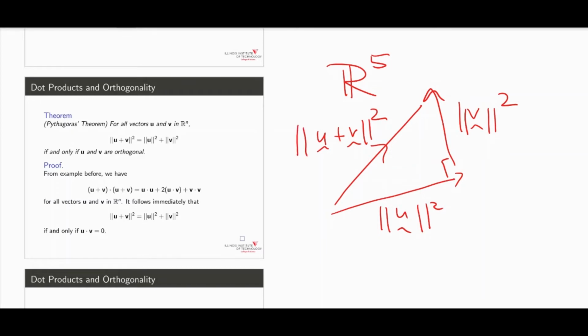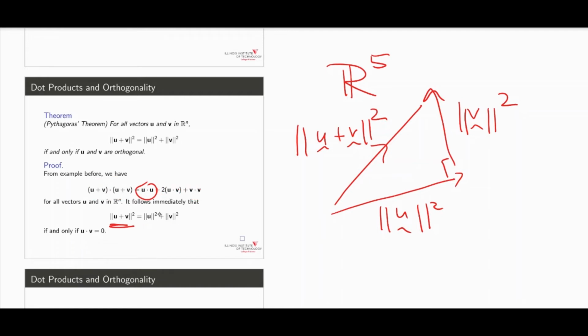The proof is actually pretty straightforward. What you need to do is just compute this dot product, and we already computed it before in the previous example. Expand, expand, expand. And you see that if the dot product is equal to 0, which is 90 degrees, then this thing here will be 0, and this thing here will be this.